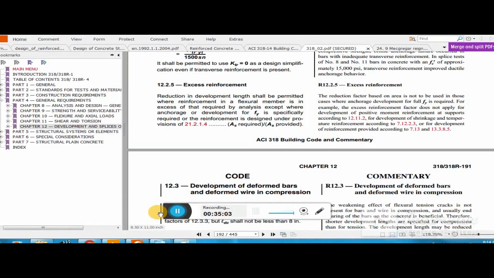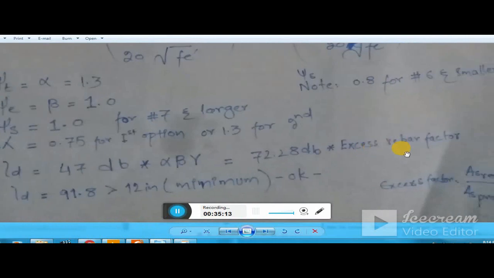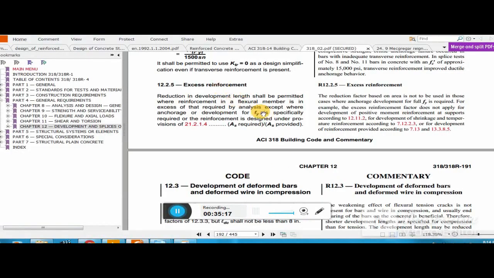One thing is very important, that is the excess reinforcement factor. As you see here, which I use here, there are certain limitations. Okay, remember what those limitations are? Please watch those videos. If we see the code, in the commentary section, the reduction factor based on area is not to be used in cases where development for full effort is required. Basically these are supports where the beam ends into the column.